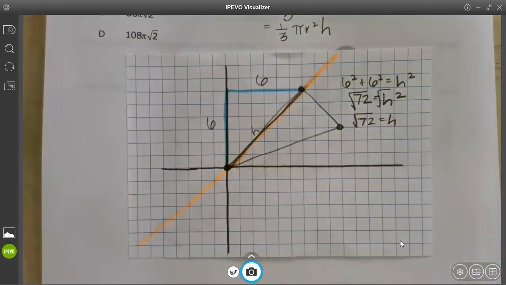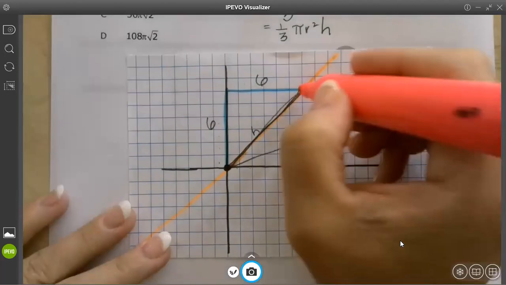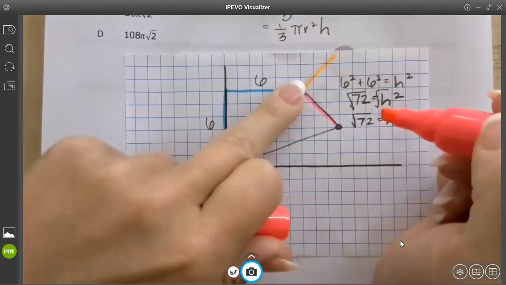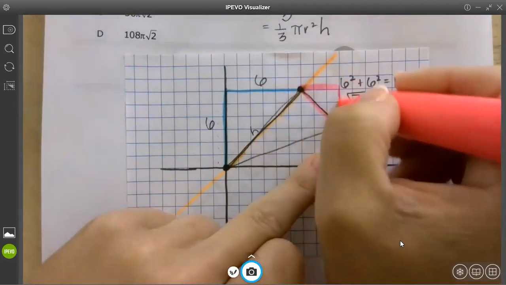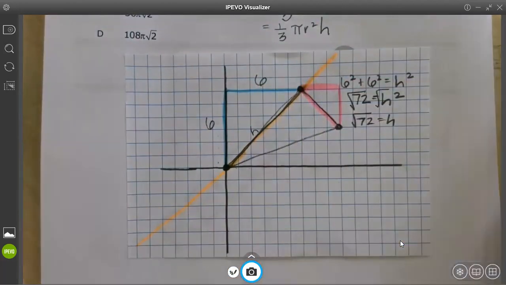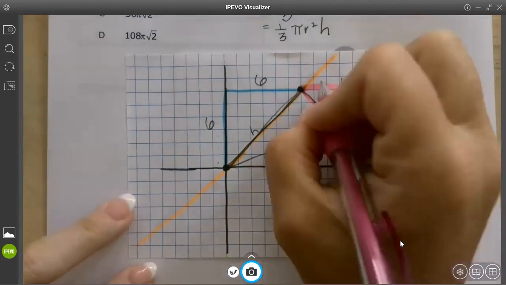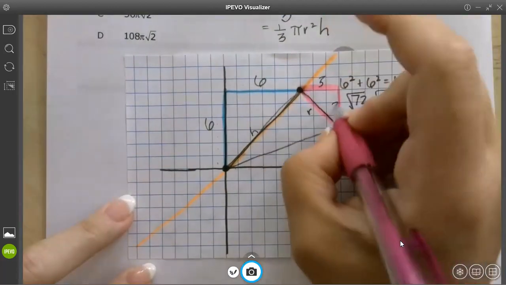Then I have to do the same thing. If we rotate from the center of the circle to the outside, that is the radius. So this part is going to be my radius. It is 3 and 3.